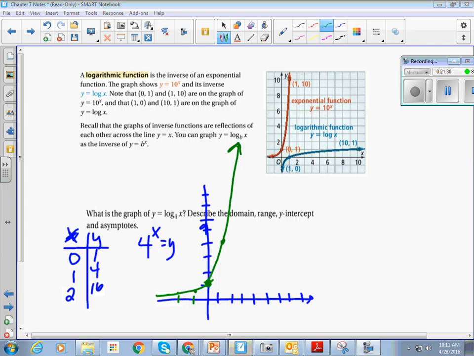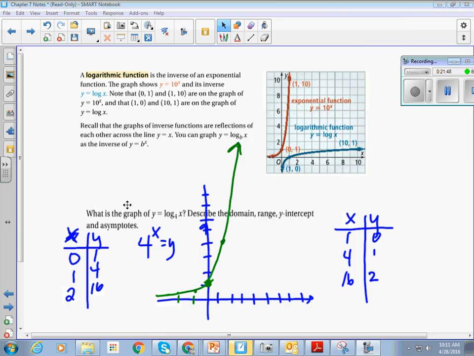So our inverse is going to be the same coordinates, just switched. So when x is equal to 1, y is equal to 0. When x is equal to 4, y is equal to 1. And when x is equal to 16, y is equal to 2. So we put that on our graph.